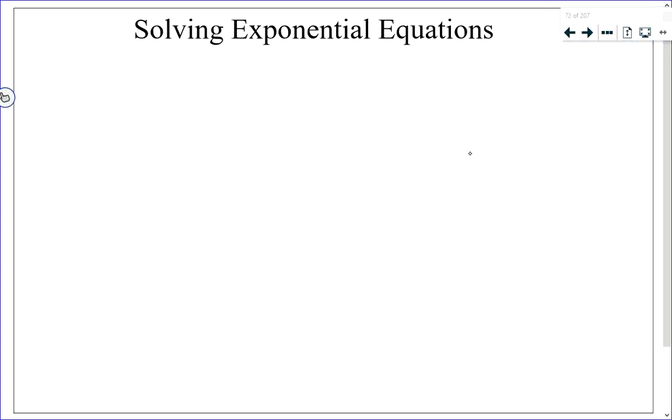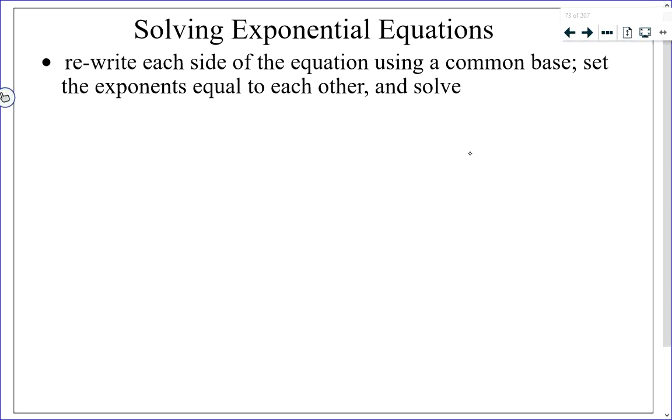Solving exponential equations. This is something that traditionally you see on a diploma exam, on a written component. If you can rewrite each side of the equation using a common base. Now remember, the purpose of these videos in this handout is not for me to do problems with you. You can look back in the lesson dealing with solving exponential equations.